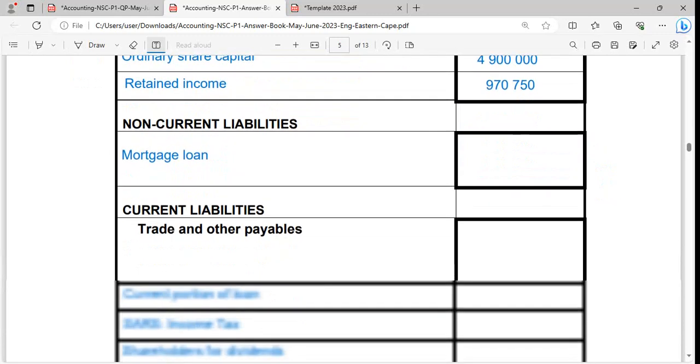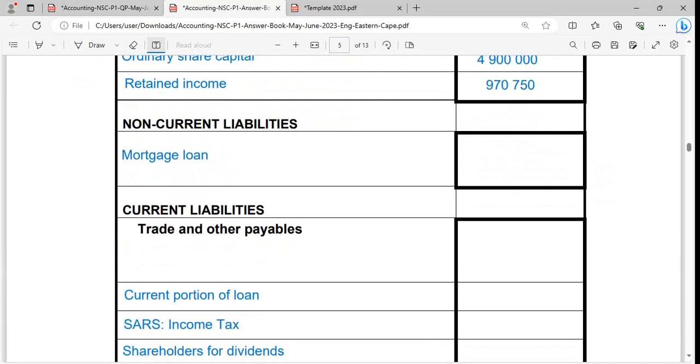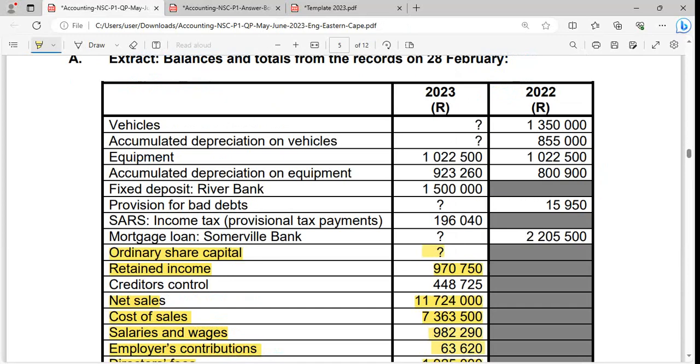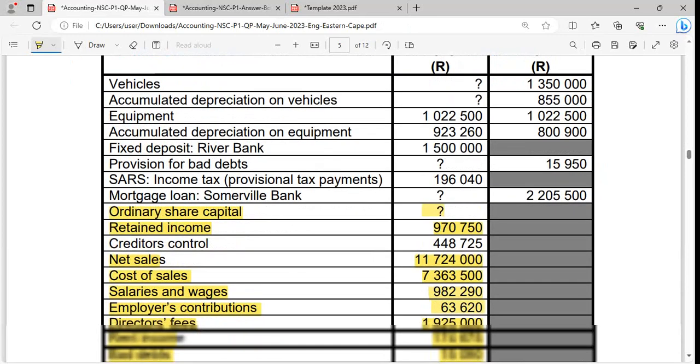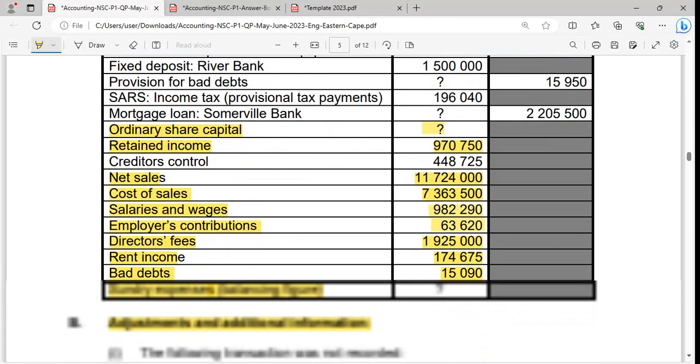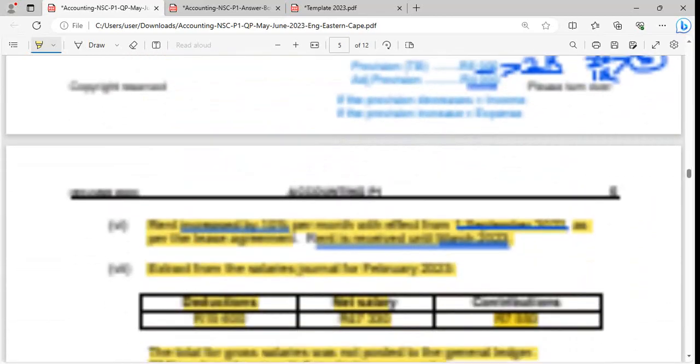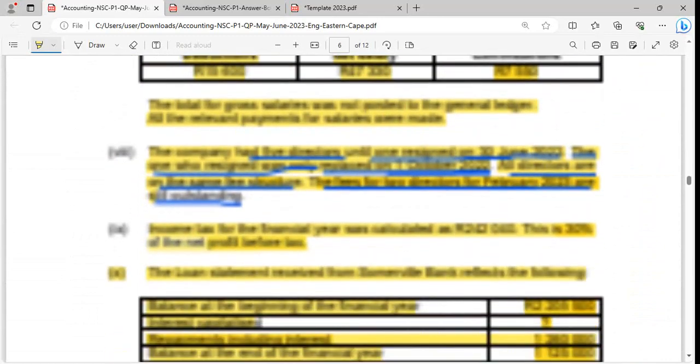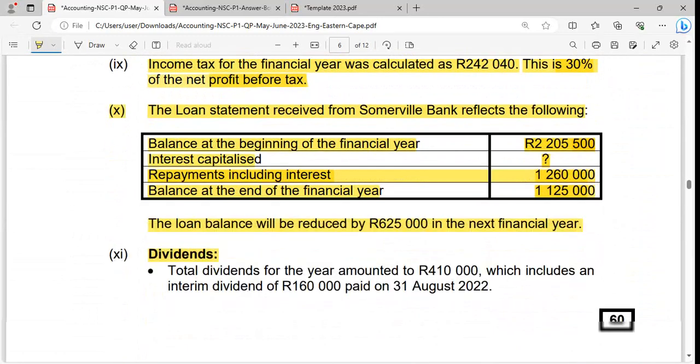And then now we are doing the section yama liabilities. So non-current liabilities. Remember, kuma non-current liabilities, we disclose long-term liabilities. So we have a mortgage loan. So we are going straight to the statement that we received from the bank.